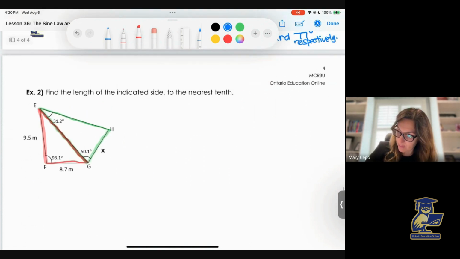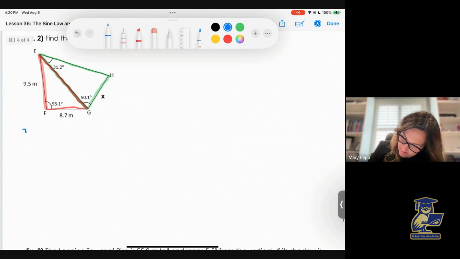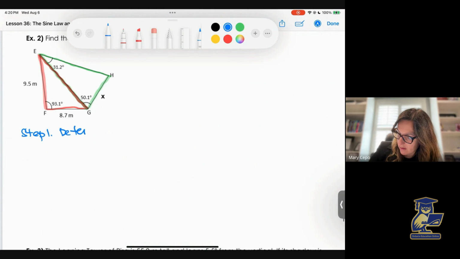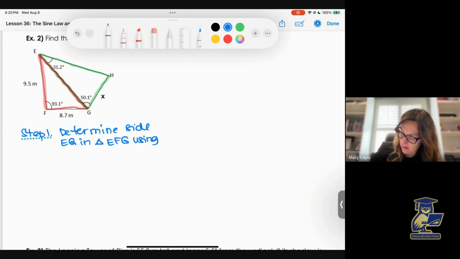So I'm going to say step one, determine side EG in triangle EFG using the cosine law.